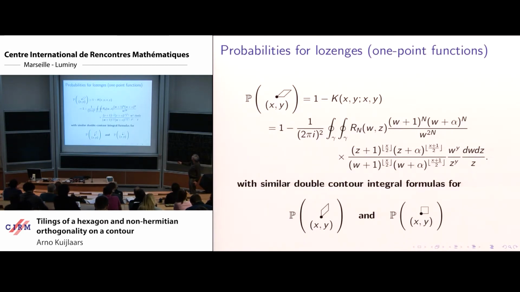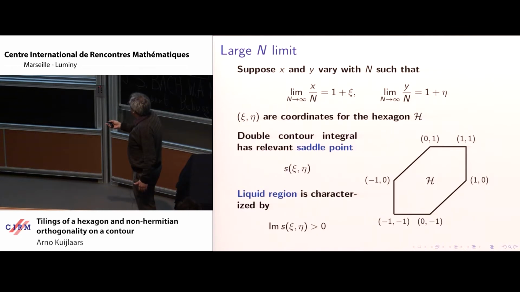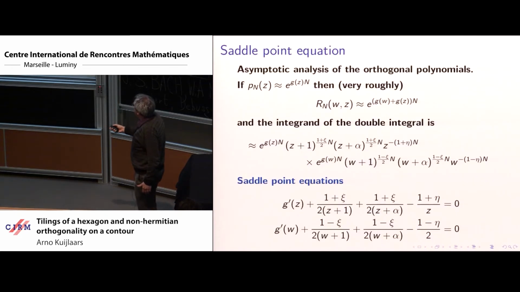And you write these x as 1 plus psi times capital N, to have a first approximation, and y similarly in terms of eta, then you find that the integrand there is roughly like this. You have the behavior in z in here, and then w is here, and I put everything to the power capital N, right?